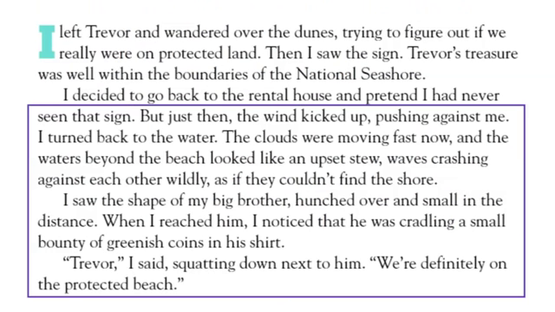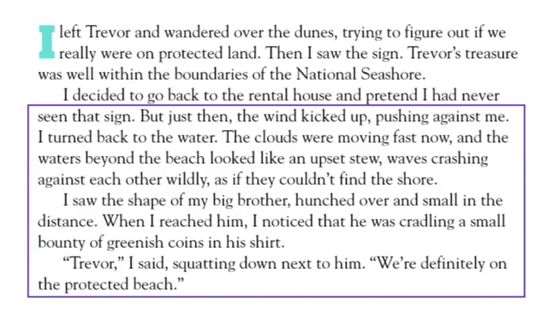I left Trevor and wandered over the dunes, trying to figure out if we really were on protected land. Then I saw the sign. Trevor's treasure was well within the boundaries of the national seashore. I decided to go back to the rental house and pretend I had never seen that sign. But just then, the wind kicked up, pushed against me. I turned back to the water.